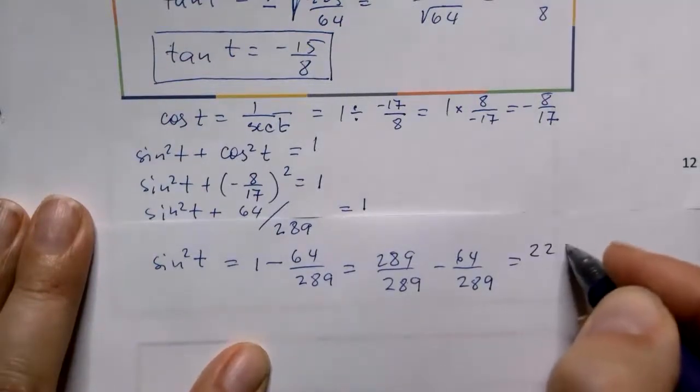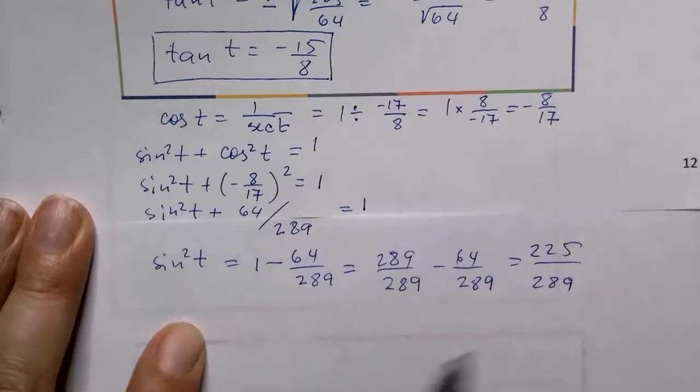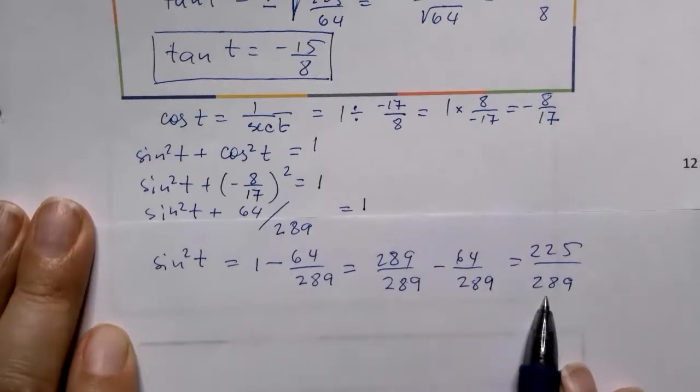I got 225 again over 289. So sine squared is 225 over 289.